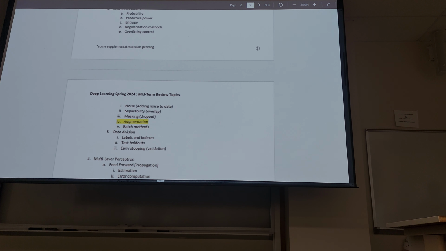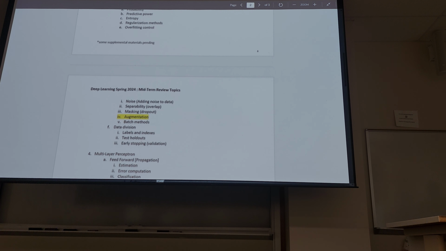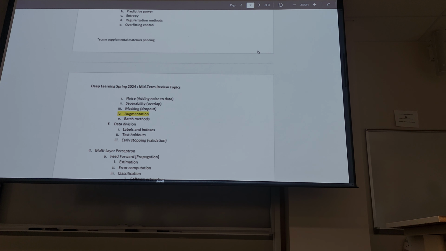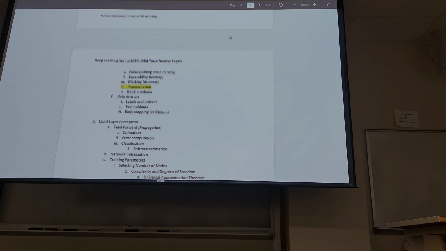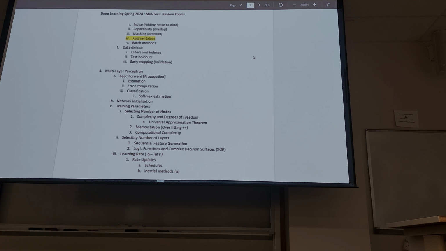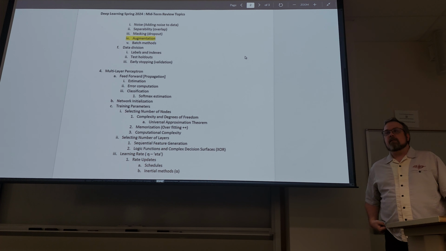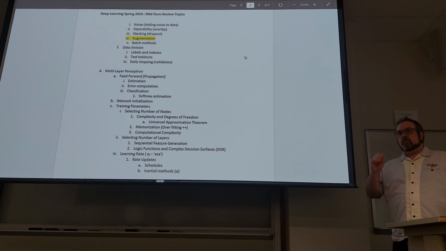All right, we already talked about probability, entropy, predictive power, and we just talked about regularization and overfitting control. Noising, all right, we talked about this a little bit, about the idea that adding noise to the data can be another methodology by which we can attempt to stop overfitting. How does that work?